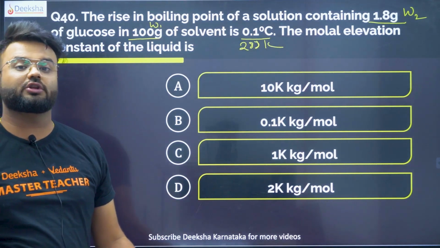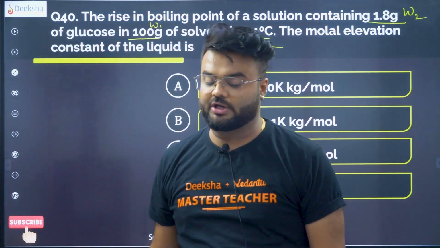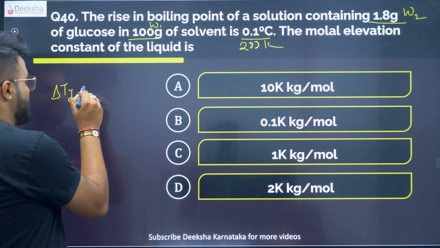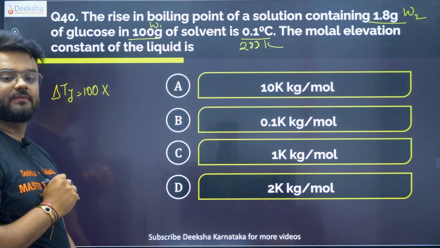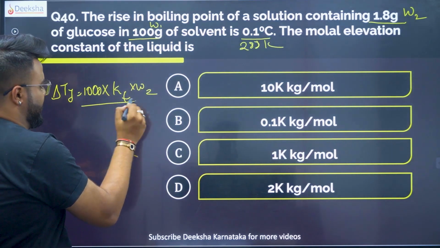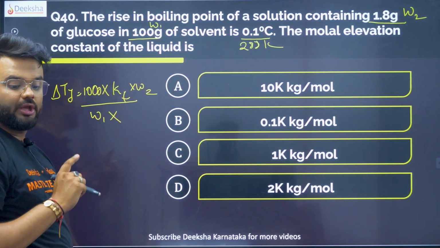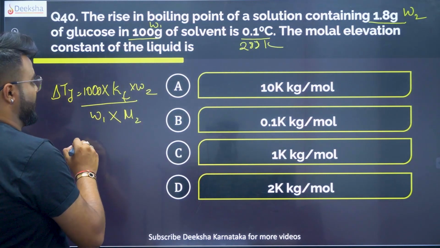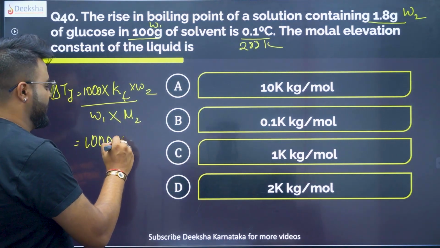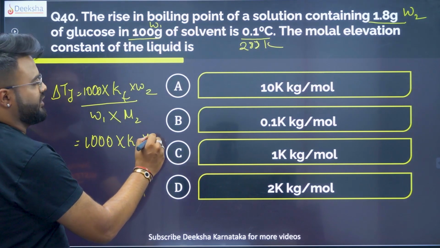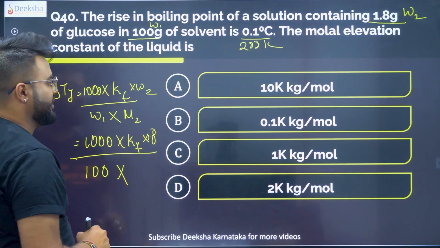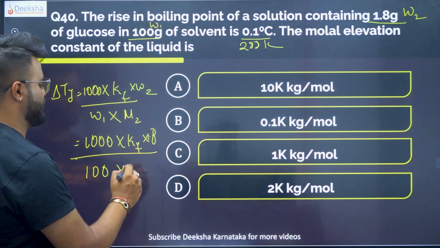So now we have to find the molal elevation constant, and here we will use the formula delta T is equal to 1000 into K into W2 divided by W1 into M2. Now we know the values, so write 1000 into K, which we don't know, W2 is 1.8 divided by 100 into M2, the molecular mass of glucose, 180.